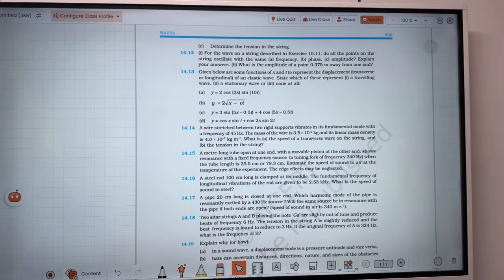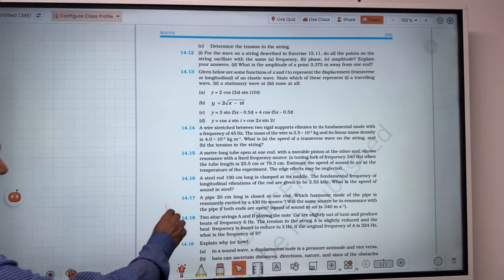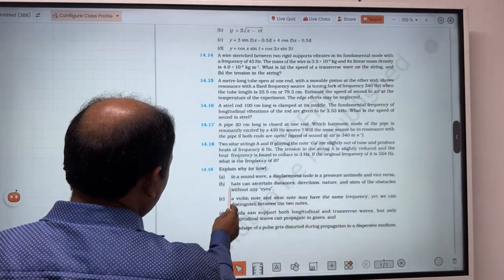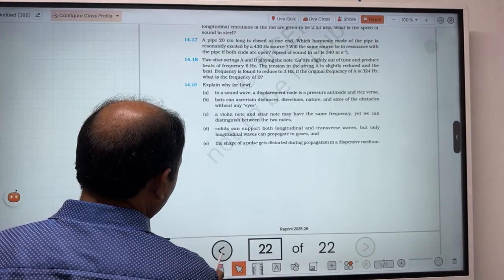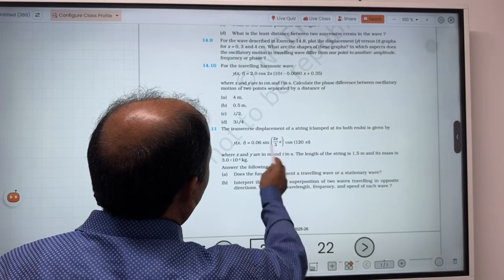So first thing, here frequency and phase will remain the same, so nothing will change. As far as amplitude is concerned, that depends on what?